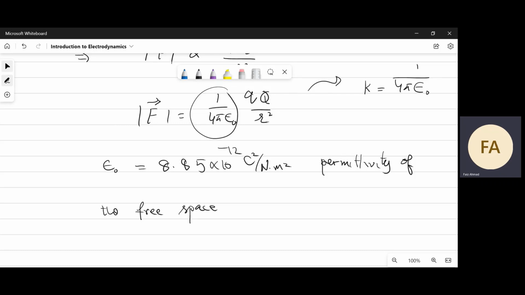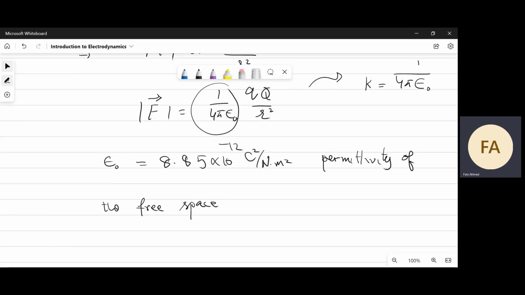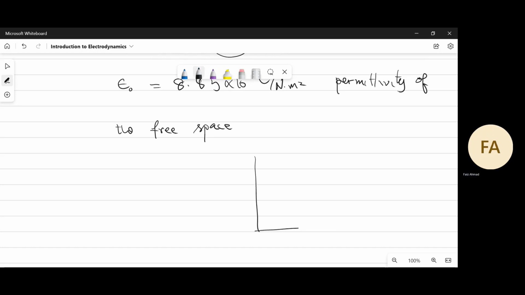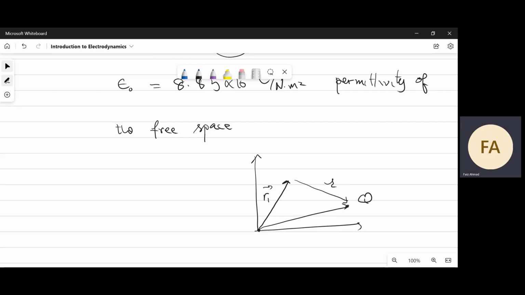We know that this electrostatic force is a vector quantity. We defined just the magnitude, so how do we define the direction of the force? As we have two charges, the direction of the force will be defined with the direction of the R vector.